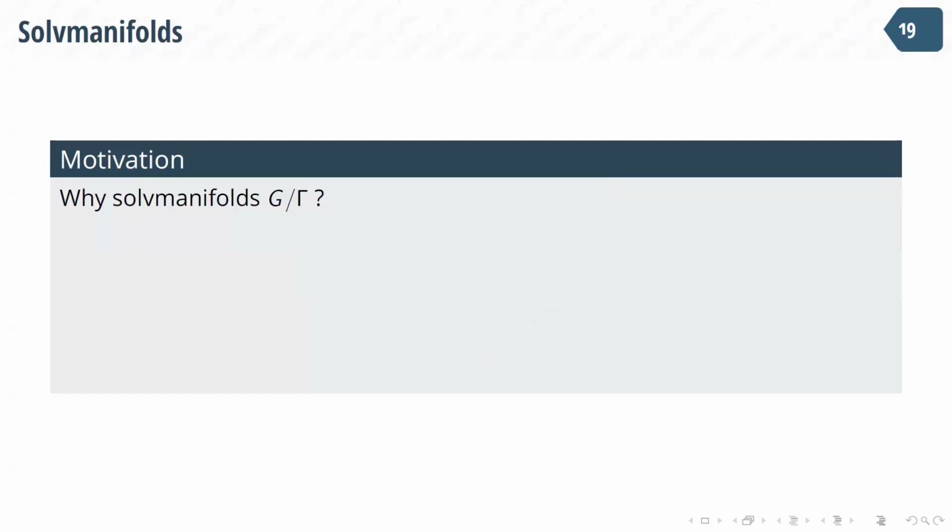We recall a solvmanifold is the quotient of a Lie group mod a lattice, which is a co-compact discrete subgroup. Why are they useful to talk about mirror symmetry?